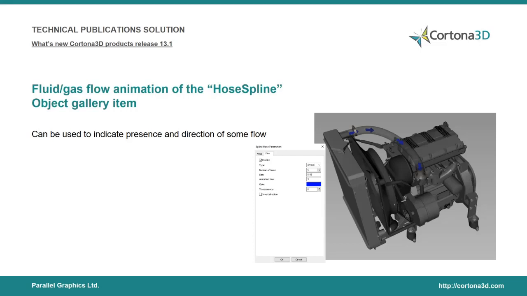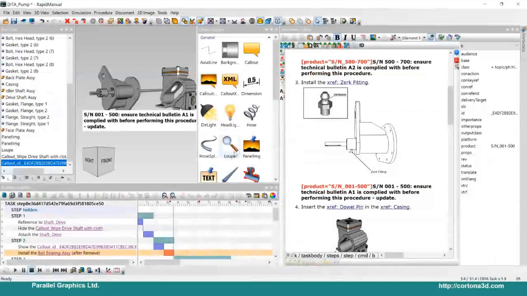There are a number of properties that you can use, which I will show you in a second, and this is more relevant to those of you who are creating procedure manuals in RapidManual. It can be used, of course, in Rapid Catalog also, but mainly this is to do with animation, so RapidManual primarily.